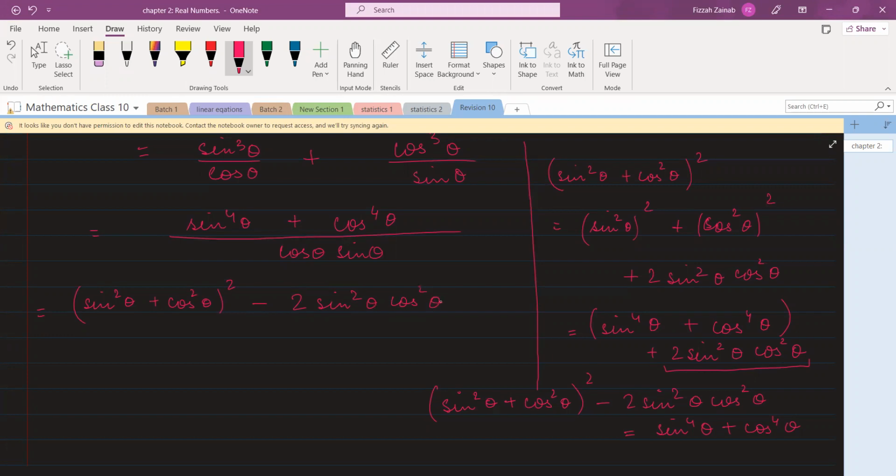Is that okay? Okay. Now let us open this bracket, right? So this is again a plus b whole square. So sine 4 theta. No, you can do one thing here.